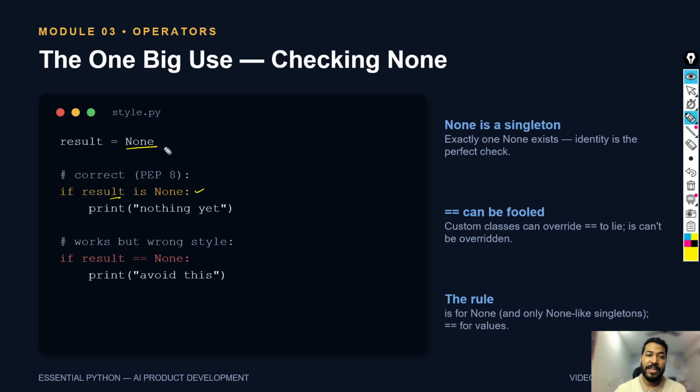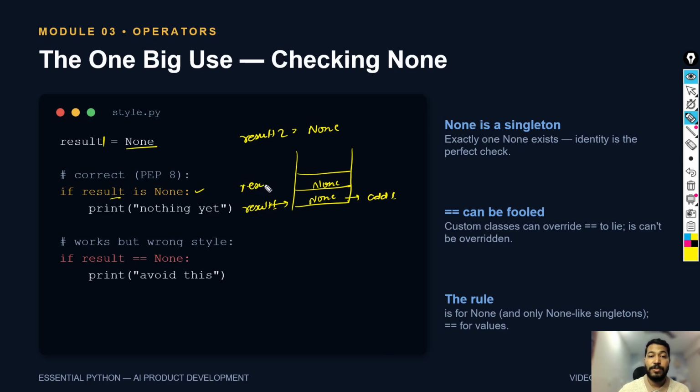So if I create this result 1, and if I create a result 2 object and again assign the same, it's not like in memory this None will be stored in a different memory location and that None in another. It's not like that. The result 1 referring to this None value is not stored at a different address from the result 2 referring to this None value.